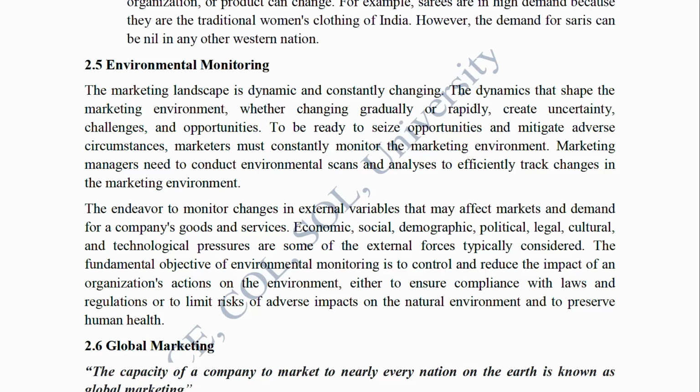It is the endeavor to monitor changes in external variables that may affect markets and demand for a company's goods and services. Economic, social, demographic, political, legal, cultural, and technological pressures are some of the external forces typically considered.